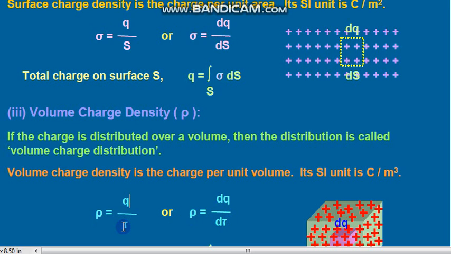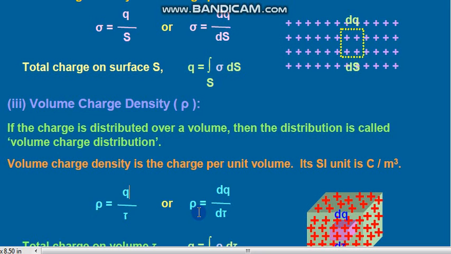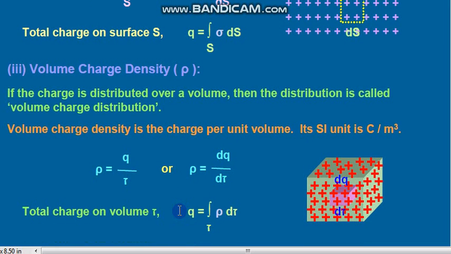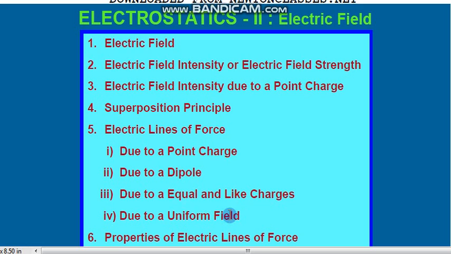Here it's considered as tau, no problem, but usually we will consider it as v or dv. So rho is equal to q divided by v, or rho is equal to dq divided by dv. So the total charge in a given volume will be equal to the volume integral of rho dv.